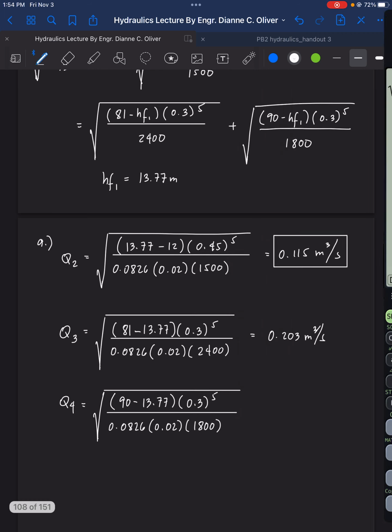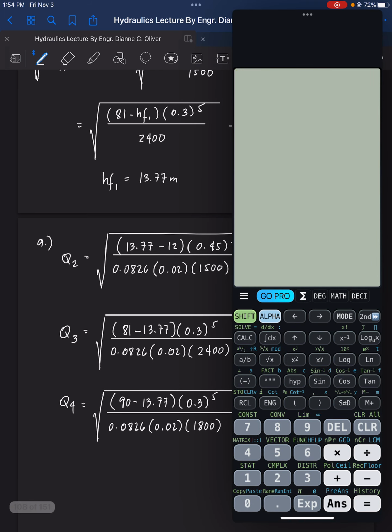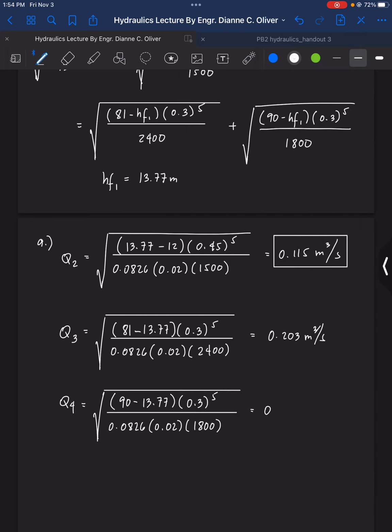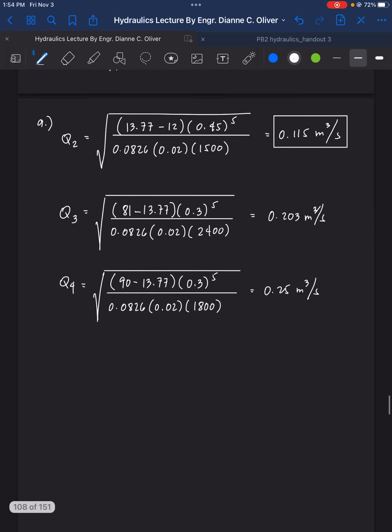So that is 90 minus 13.77, 0.3 raised to 5, 0.0826 times 0.02 times 18. So 0.249, or that is 0.25 cubic meter per second. And we will use it here in B and C.